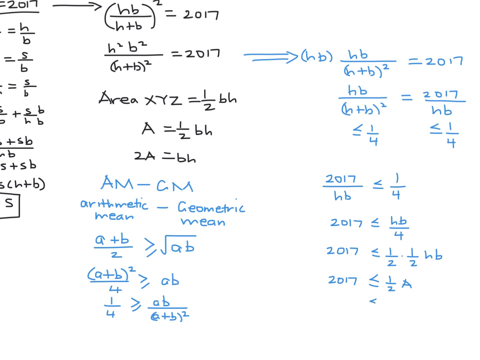So that means that A, if you multiply, is 4034. A is greater than or equal to 4034. So therefore, the minimum area is 4034. It can be greater than that, but the minimum is 4034.